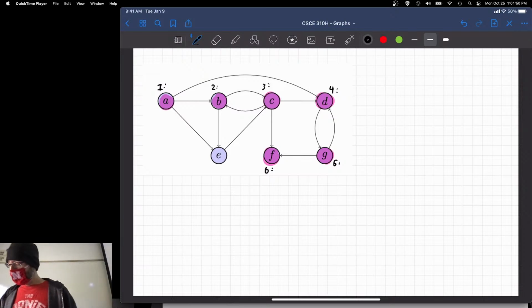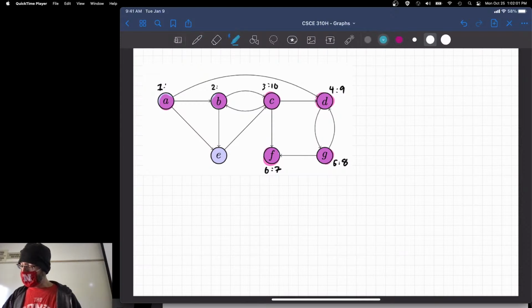Okay? So we'll start backtracking here. 7, 8, 9. Once I get to C, that is finished, 10. And by the way, I've been marking them as done as I go along. Processed, right, done. Now I'm back at B here. Now what do I do?